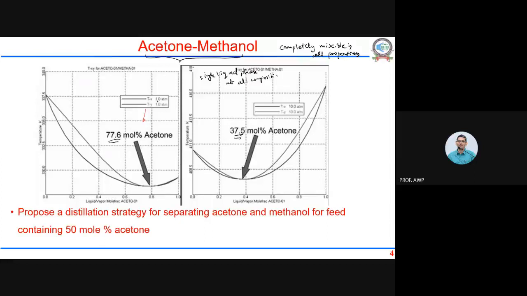But suppose with pressure of 1 atmosphere or 10 atmosphere, it was not 37.5, but it was still say maybe 75.7 or 75 mole percent. Then there is not a significant change.